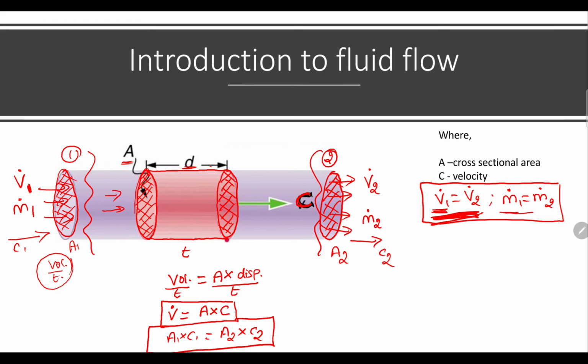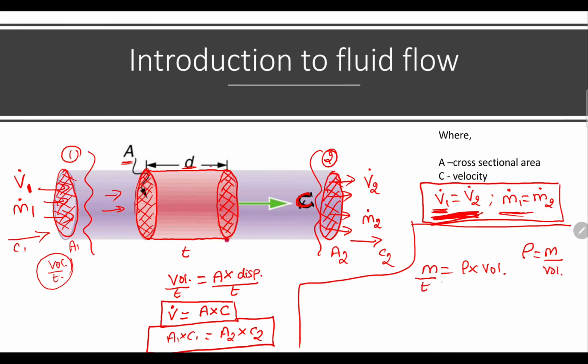Now what about the mass flow rate? That's even simpler. What do we know? Density equals mass divided by volume. So what is mass? Mass equals density times volume. I'm just going to divide both of them by time. I'm just making it very simple for you.